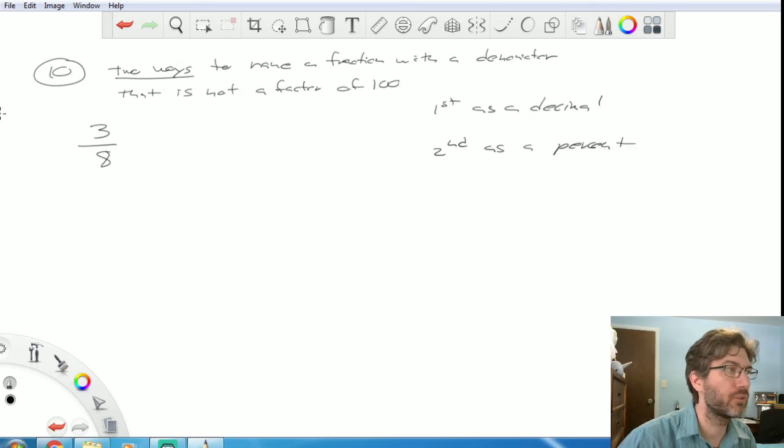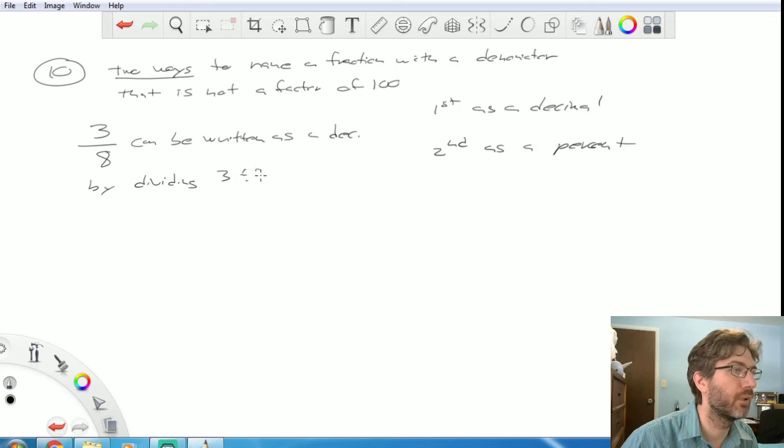So those are your 2 ways. The first way, as a decimal, you can write something along the lines of: 3/8 can be written as a decimal by dividing 3 divided by 8. So there's one way to do it.